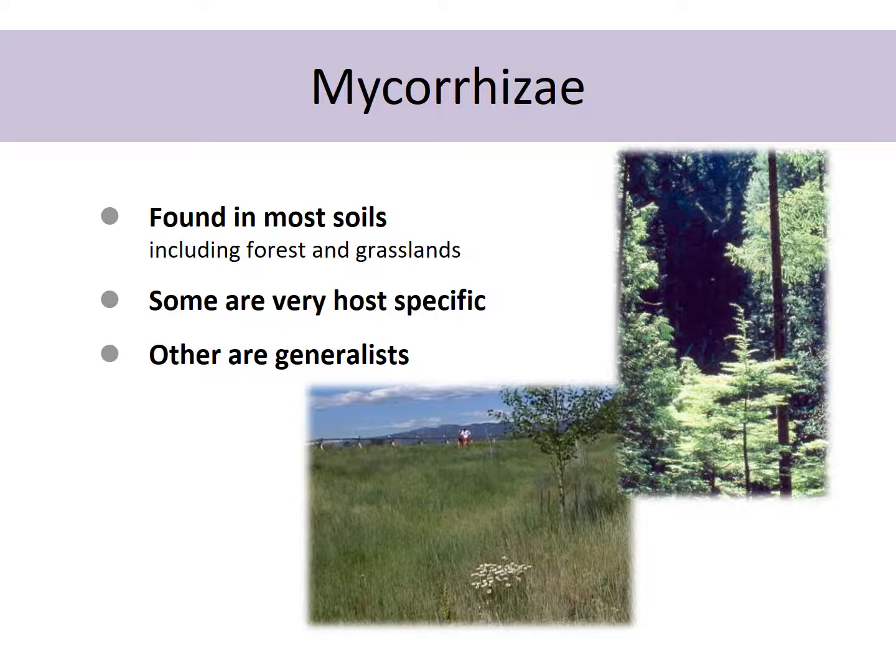Mycorrhizae are naturally found in many soils, and there are many different species of mycorrhizae. Some of them are very host specific. They will only colonize specific species or group of species. For example, some species of mycorrhizae will only colonize pines or things like that. Others are generalists and they'll colonize a wide variety of plant species.